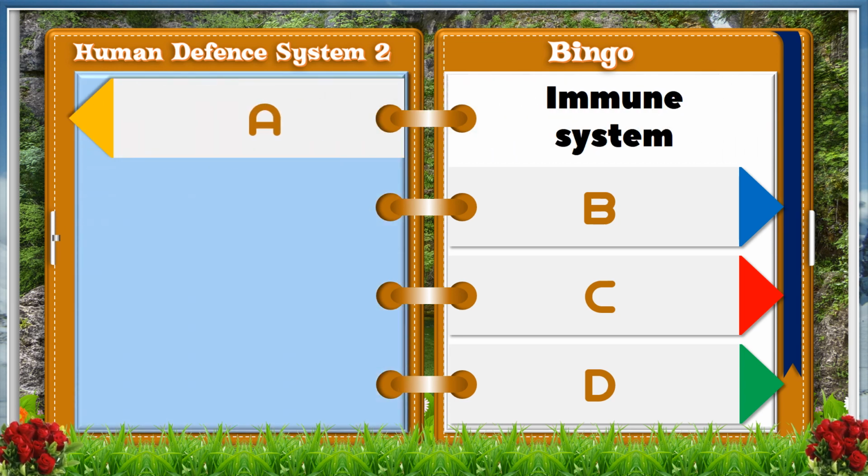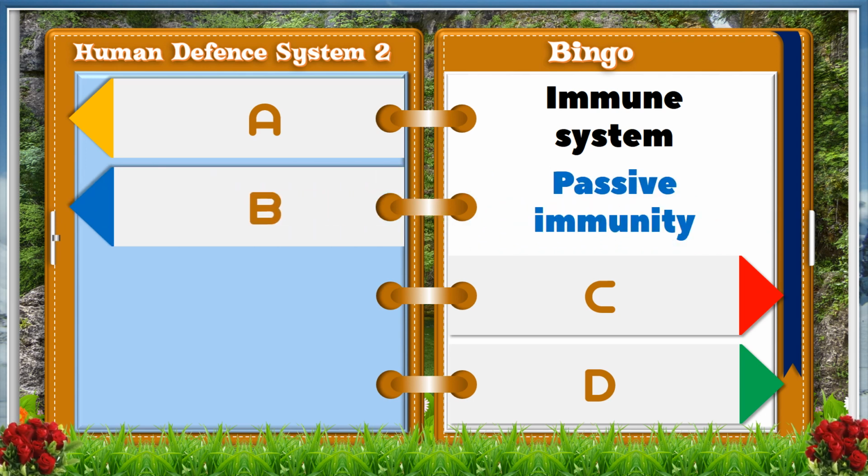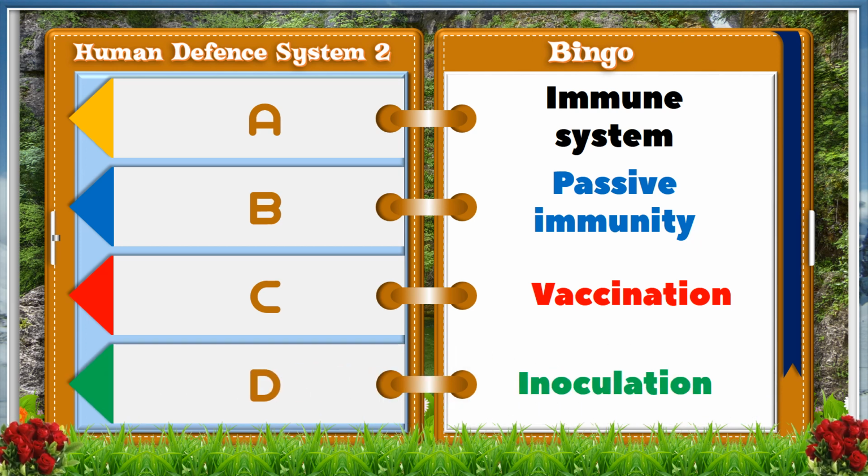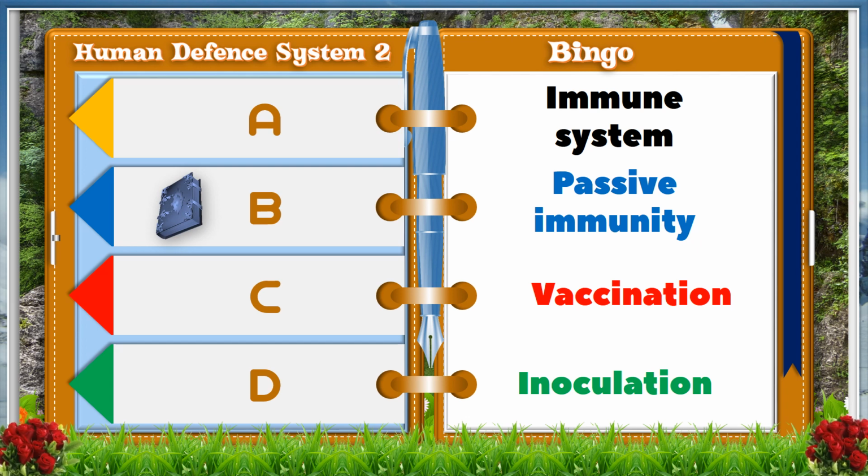A. Immune system. B. Passive immunity. C. Vaccination. D. Inoculation. And the answer is B. Passive immunity.